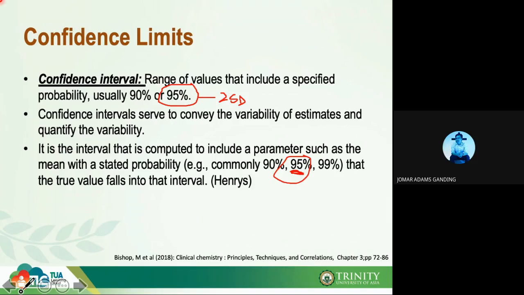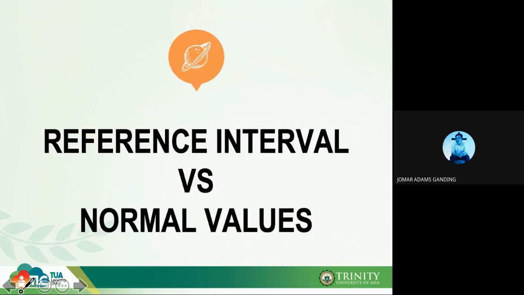But right now, I want to debunk that assumption. I want to clear out that misunderstanding with regards to your reference interval and your normal values. So, moving on. What is a reference interval and what is a normal value?